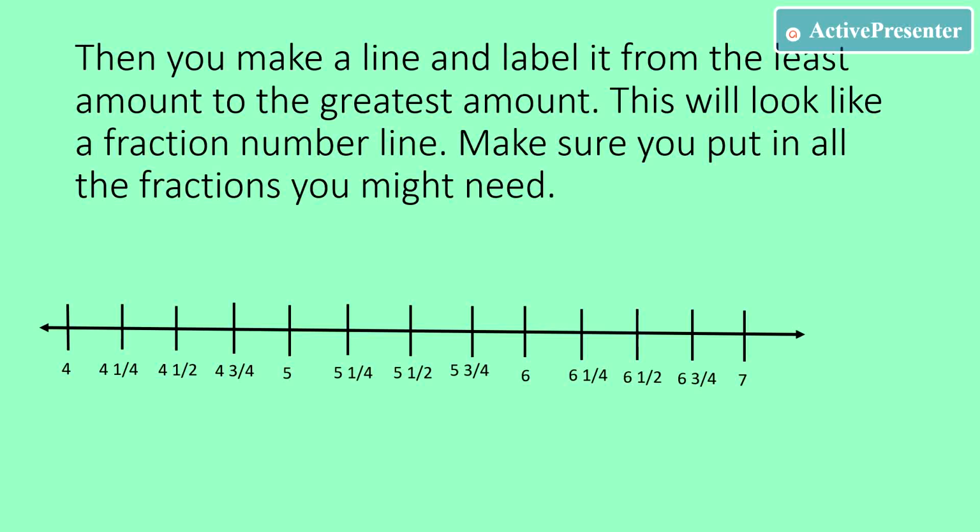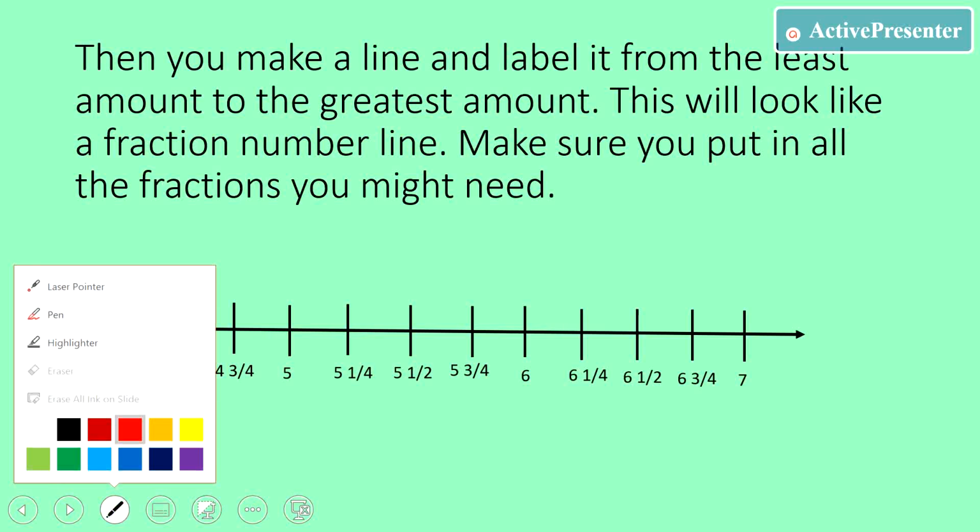Then I make a line and label it from the least amount to the greatest amount. This will look like a fraction number line. You've all made fraction number lines in the past. It looks a lot like that, except I'm starting at the smallest whole that I have.